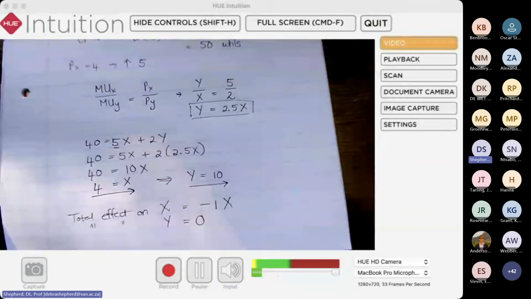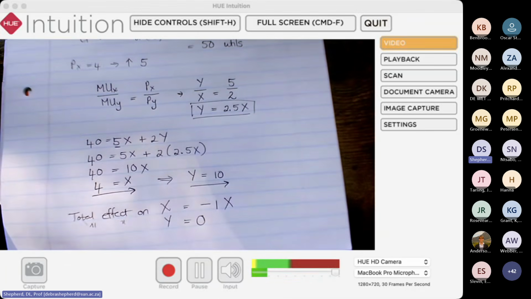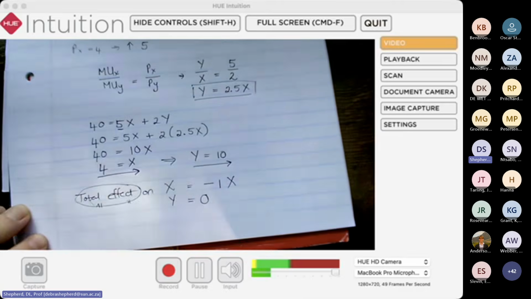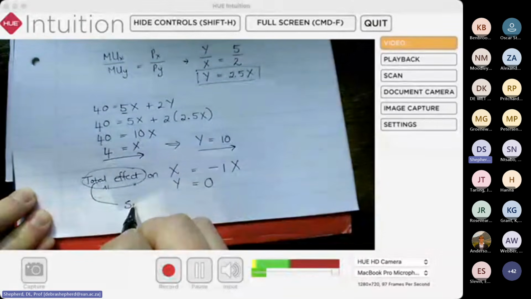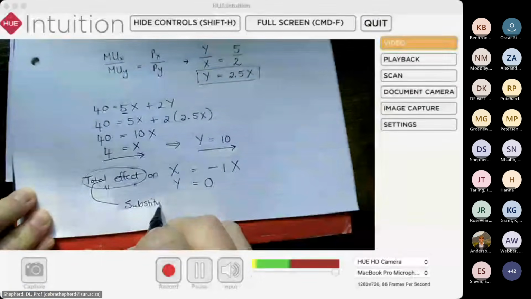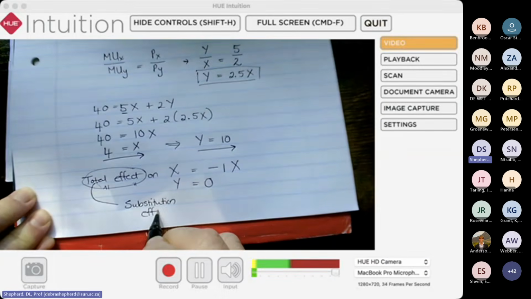Absolutely no effect on her consumption of Y as a result of this price change in X. Okay, so that's the total effect. But the total effect of any price change can be decomposed into 2 parts: a substitution effect and an income effect.